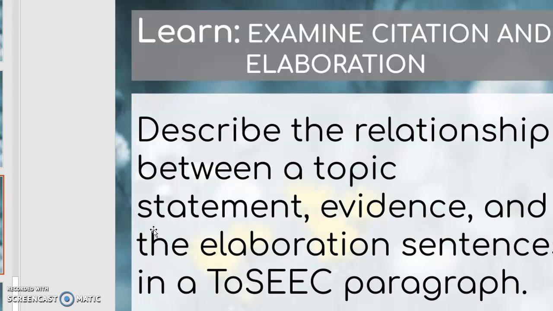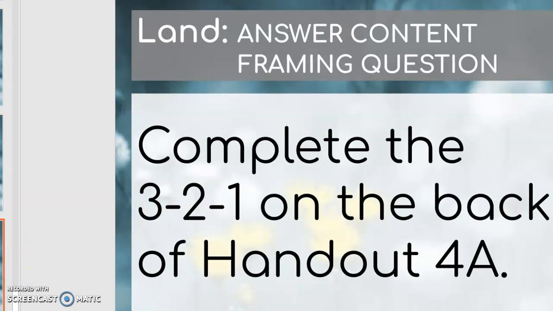You should have a TWO-SEC model for your writing already available inside your Wit and Wisdom module lesson as an example, and the students are just going to either upload that to their writer's notebook, or you can print it out and have them use it if they don't have a writer's notebook. You're going to complete the 3-2-1 on the back of Handout 4A.